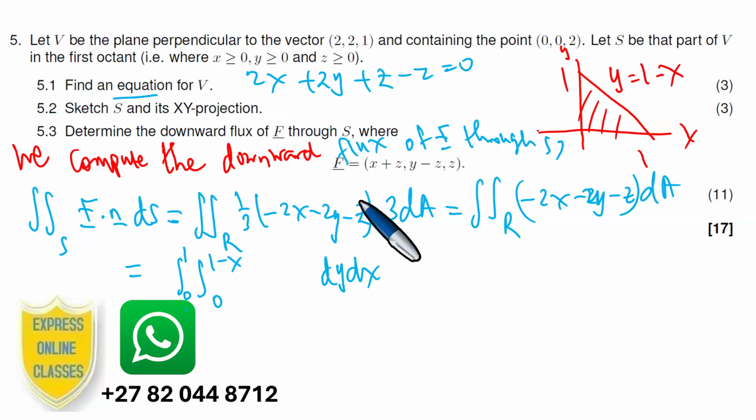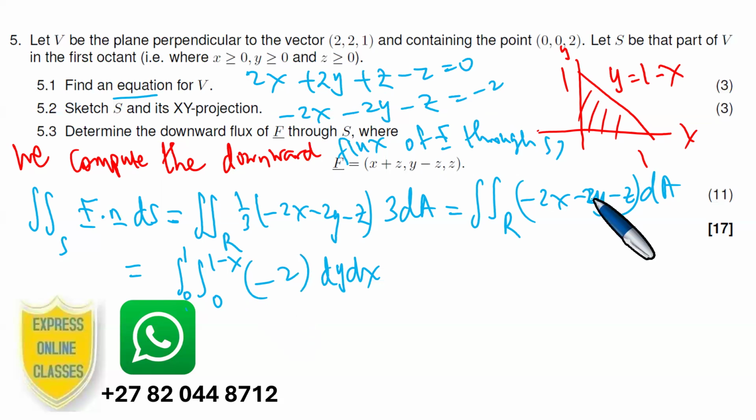Then we transpose everything, moving all these things to the other side, so minus 2x minus 2y minus z is minus 2. So minus 2x minus 2y minus z is equal to minus 2, because that is the equation for the plane V.